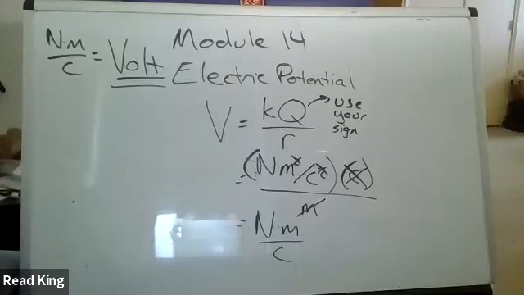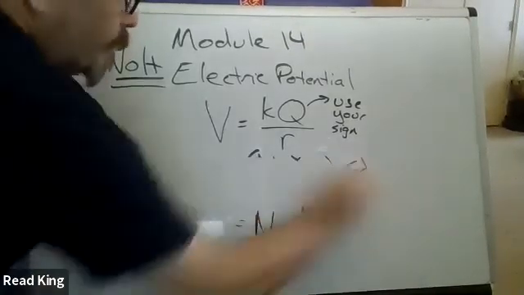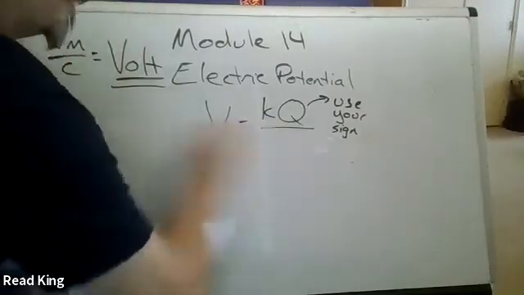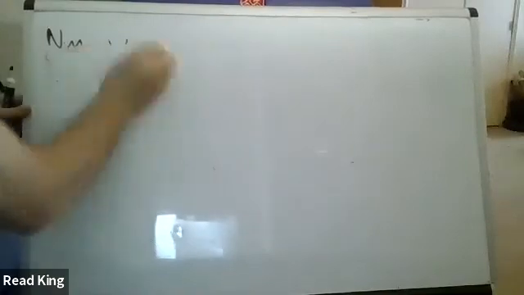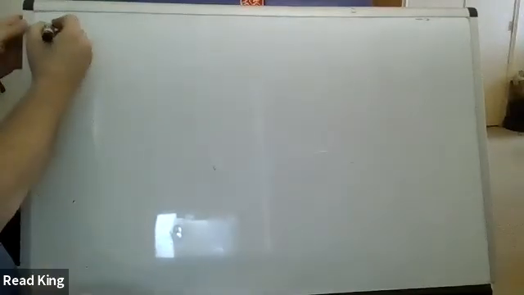All right, so we can do a quick example problem on this one. I'm just doing example 14.1 here. Consider we have a plus 3.2 millicoulomb positive charge that cannot move.